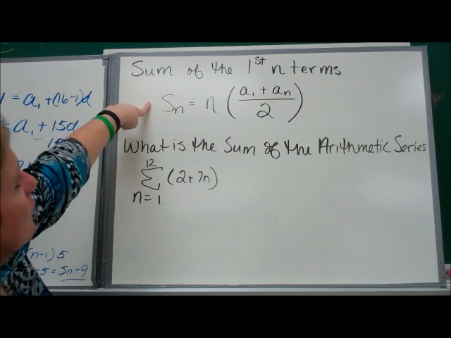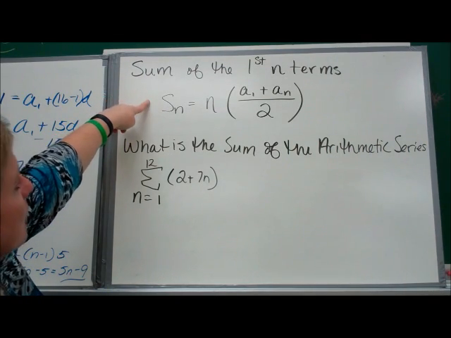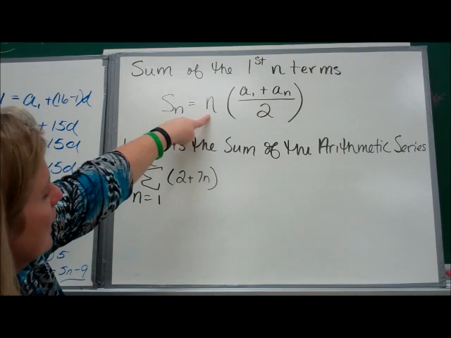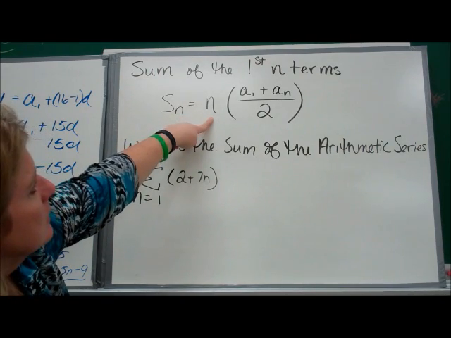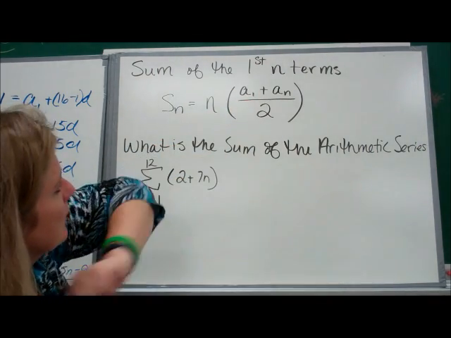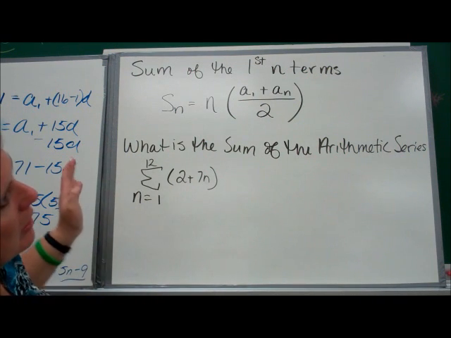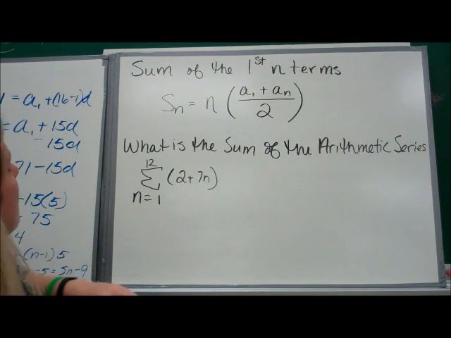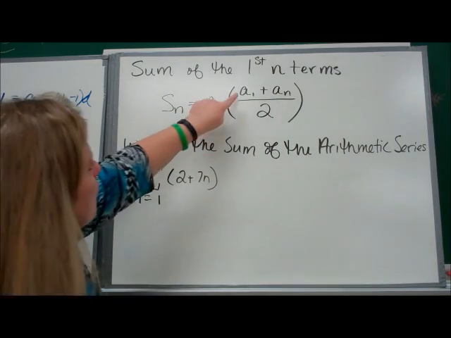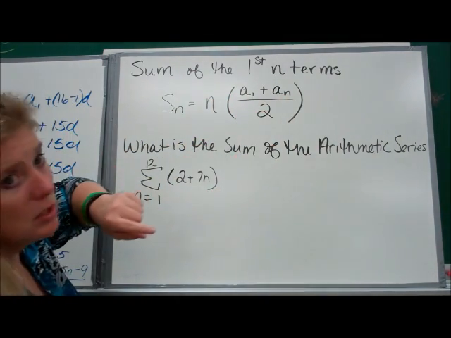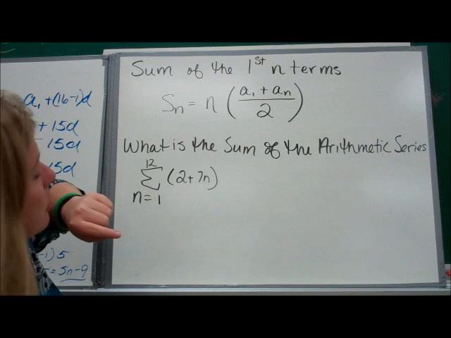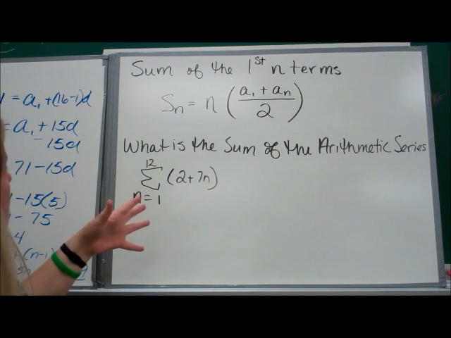The sum of the first n terms can be found by taking n times the mean of the first and last terms. So you don't need to add them all up. You do need to know the first term, the last term in your finite sequence, and the number of terms.